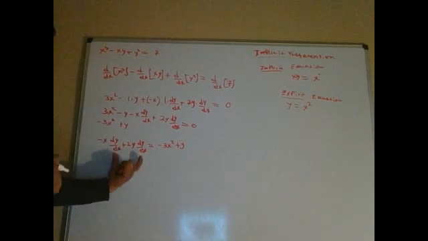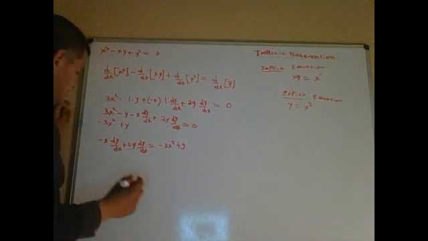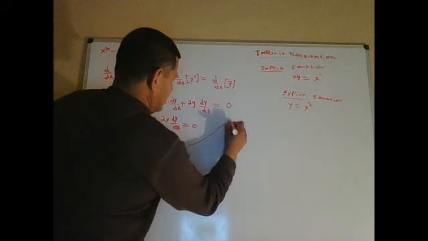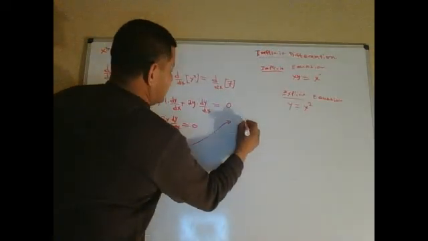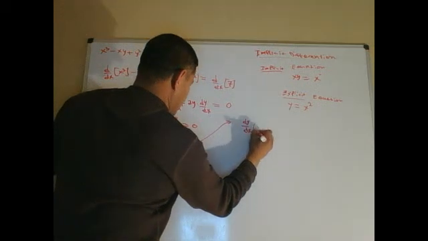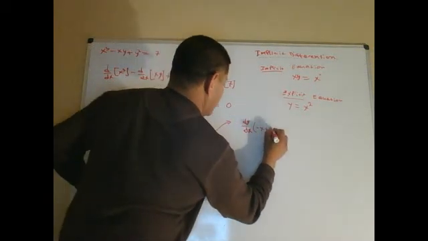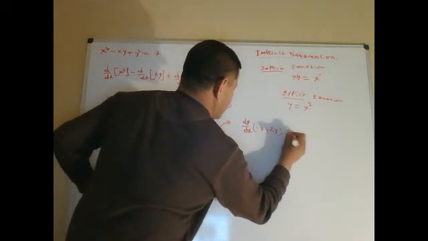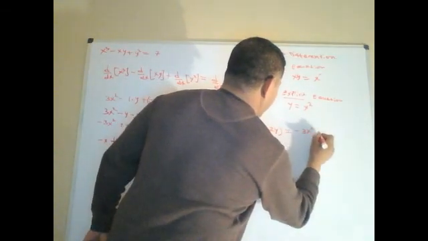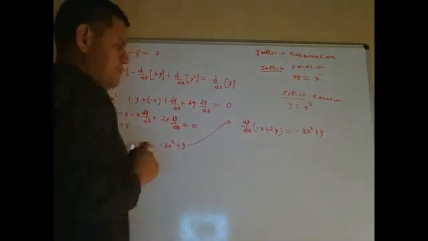Okay, now I have to factor dy/dx out. When I factor out dy/dx, this is going to be dy/dx times negative x plus 2y, equal to negative 3x squared plus y on the other side.